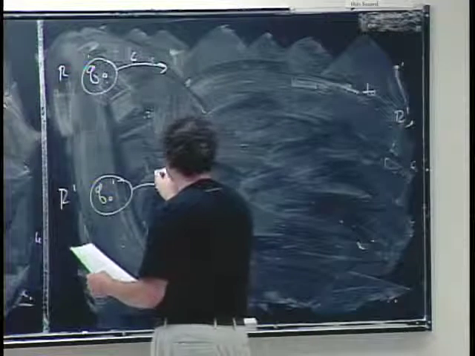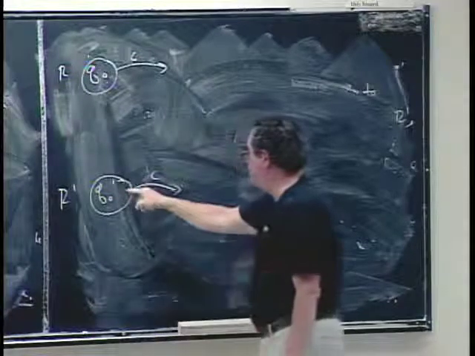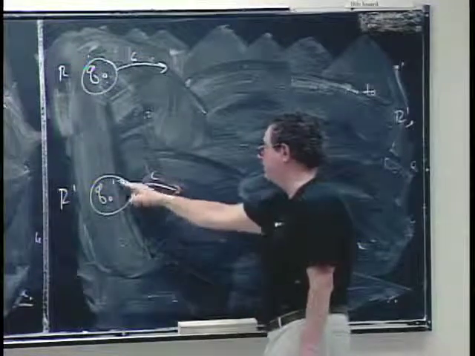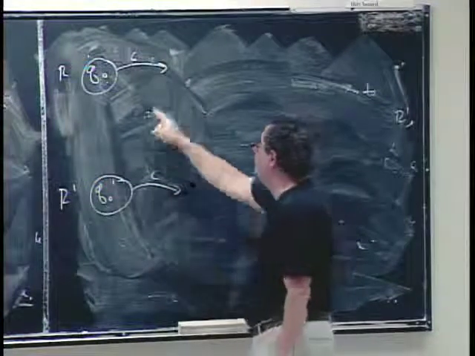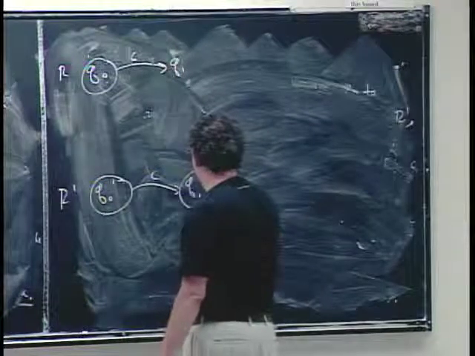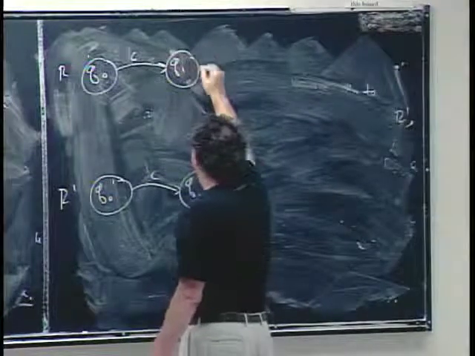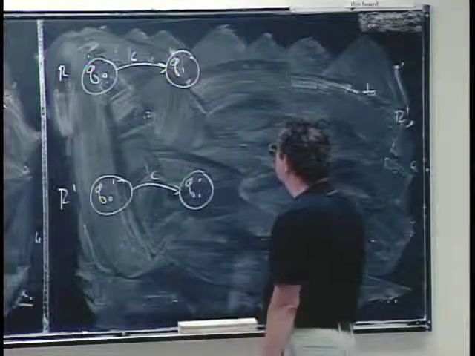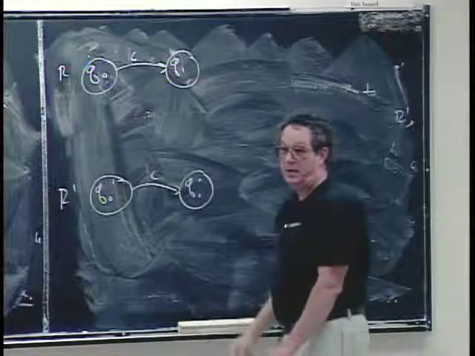Since we know that in a DFA, there has to be an edge for every character out of every state, this one goes over to Q1, and this one goes to Q1 prime. Now I claim that Q1 and Q1 prime are indistinguishable.